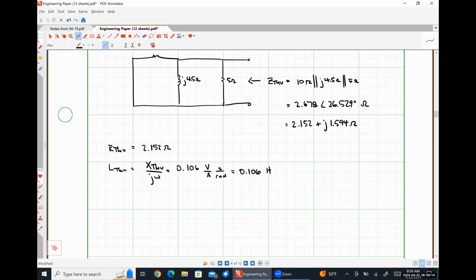Would these values change if our frequency was different? Very much so. Our impedance would change.